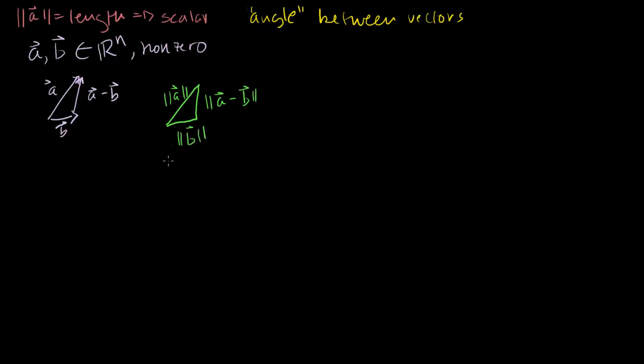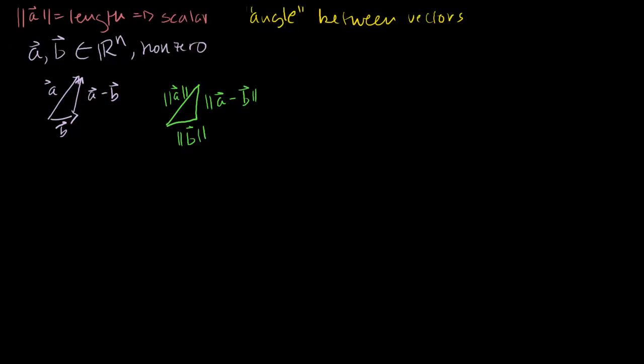Now, the first thing we want to make sure is that we can always construct a triangle like that. Under what circumstances could we not construct a triangle like this? It's kind of a subtle point, but I want to make this very clear. In order to define an angle, I want to be comfortable that I can always make this construction.